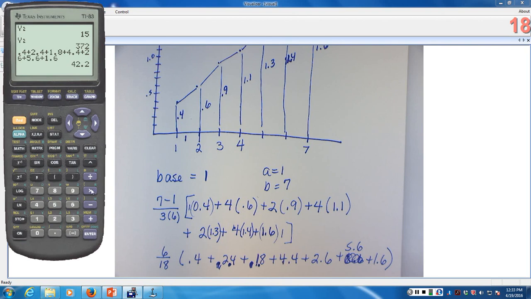So there's the sum, and we're going to multiply that. 6 over 18 is 1 over 3, but we can multiply by 6 over 18 just as easily.